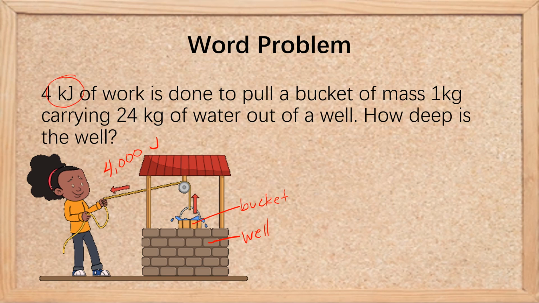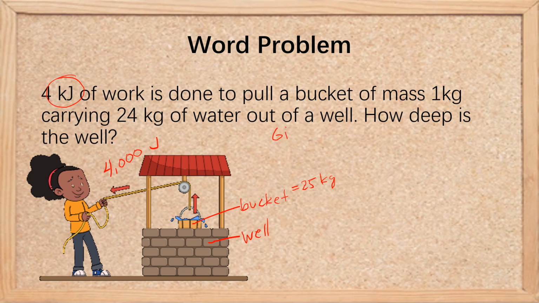So the weight of the bucket plus the water will be 24 kilograms plus 1 kilogram, so that will be 25 kilograms. And then the well, we don't take it in the equation.